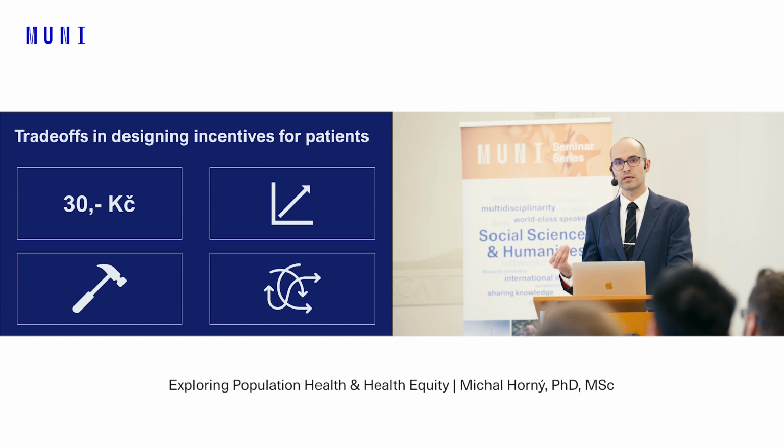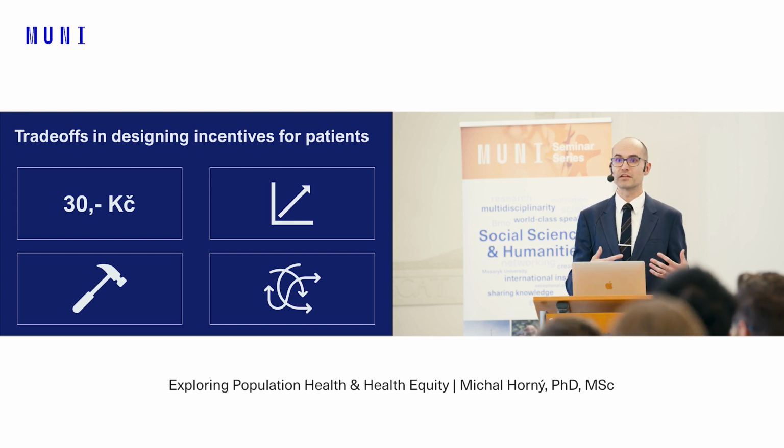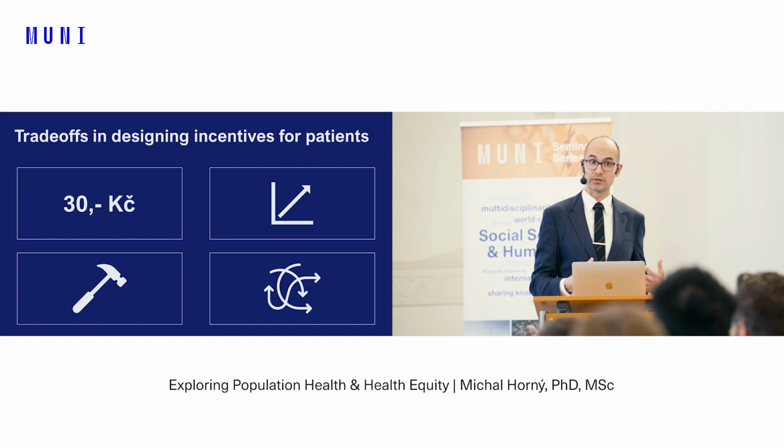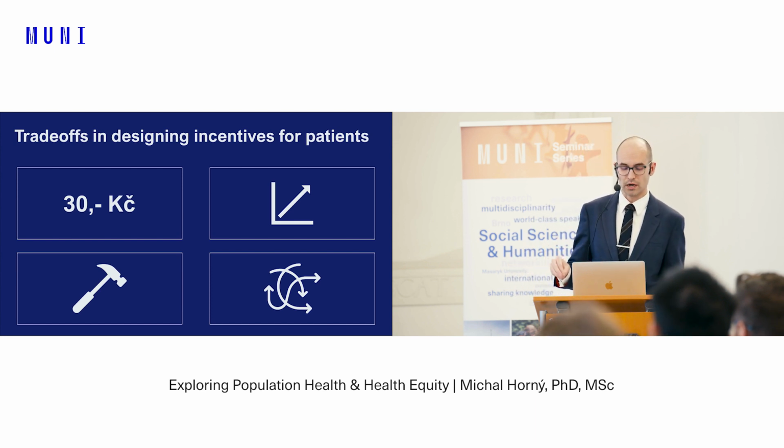Like, at the point when care is consumed, how do we decide, or how do we measure, who is at risk, who should receive the additional resources, or who should benefit from easier access to care, versus those who don't really need that extra help.